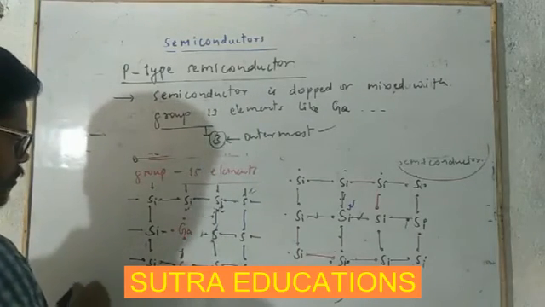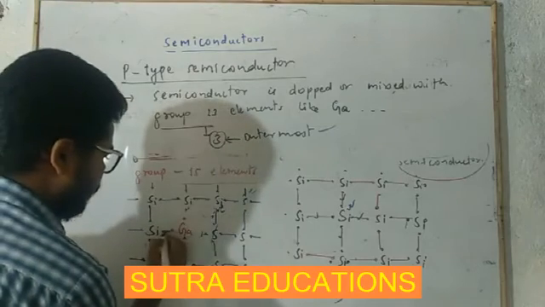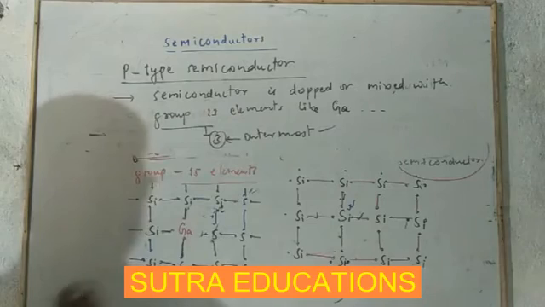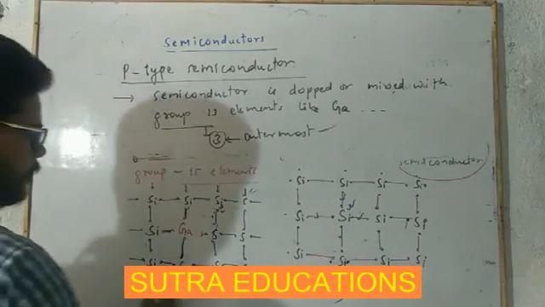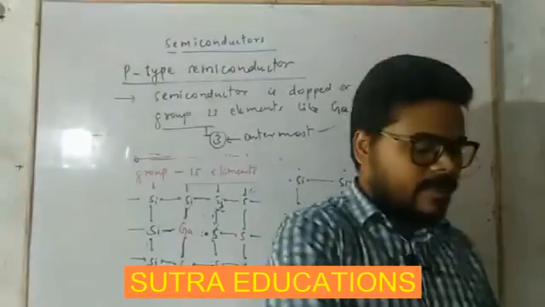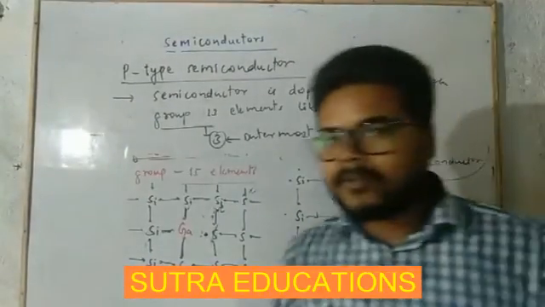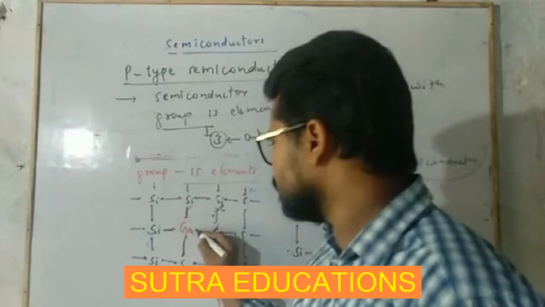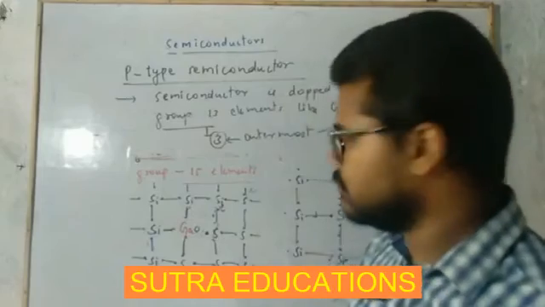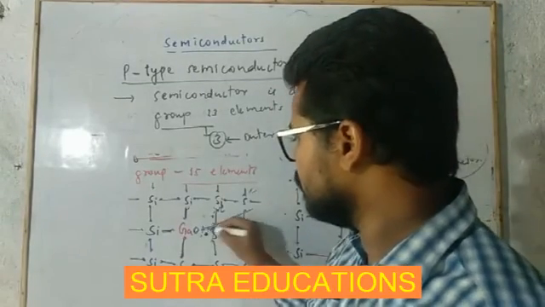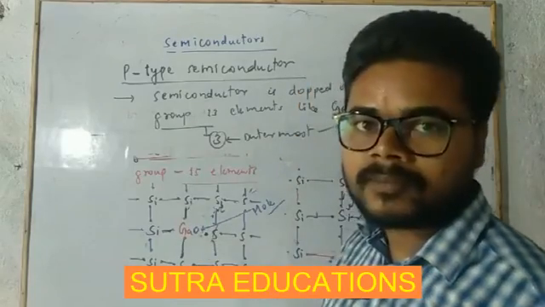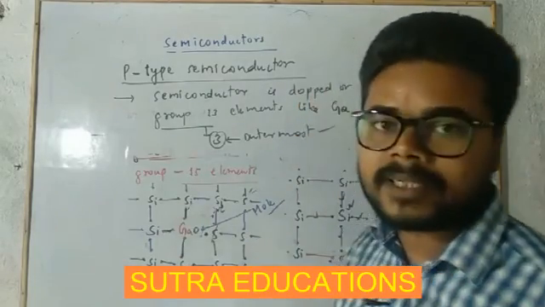So all of these 3 electrons will be satisfied and form bonds with nearby silicon atoms. But there will be a vacancy at the fourth electron place. Means there will be a hole present, because only 3 electrons are present in case of gallium.